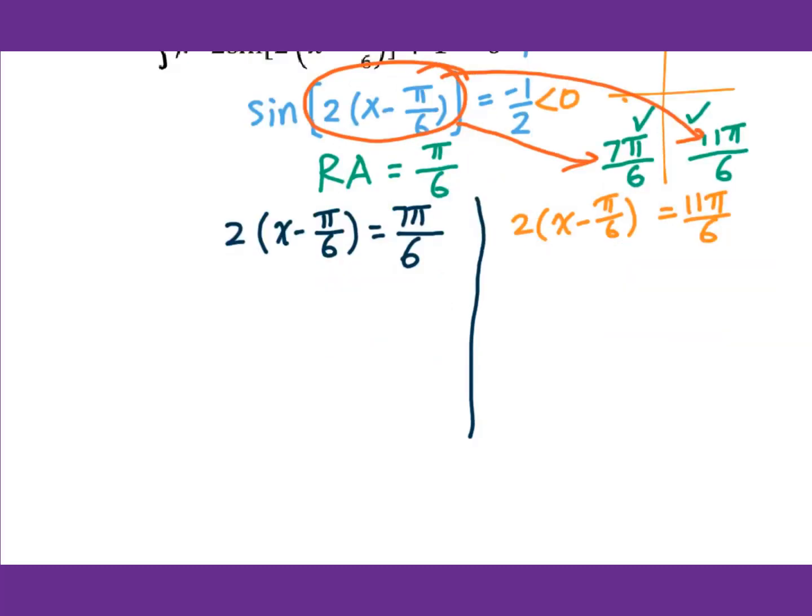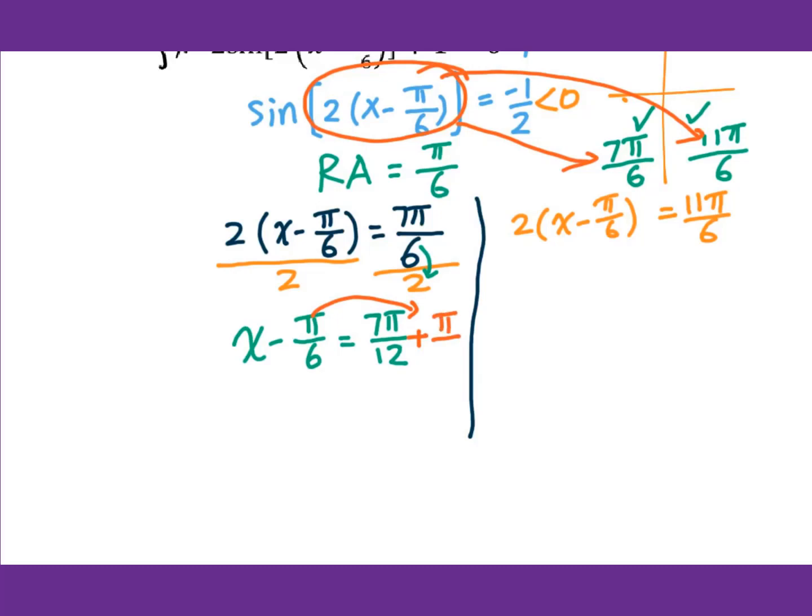We solve for x. We divide by 2 both sides. So I can get x minus pi over 6 equals 7 pi over 12. Then you need to add pi over 6.